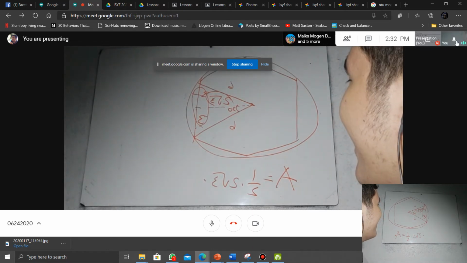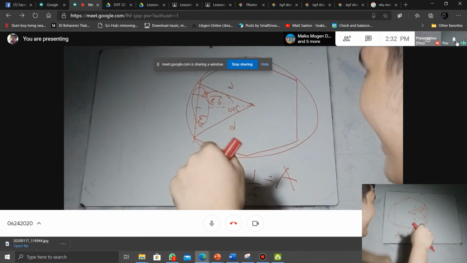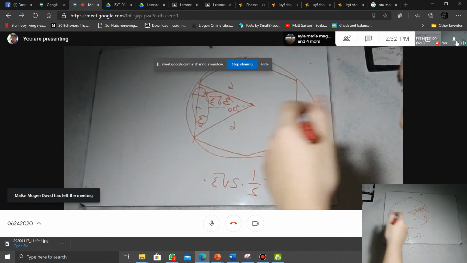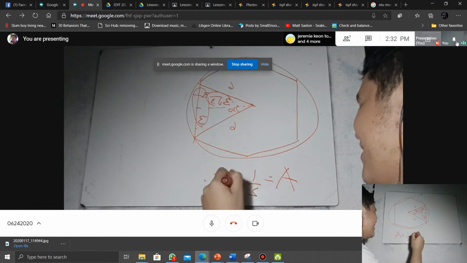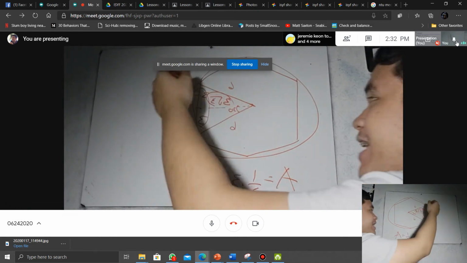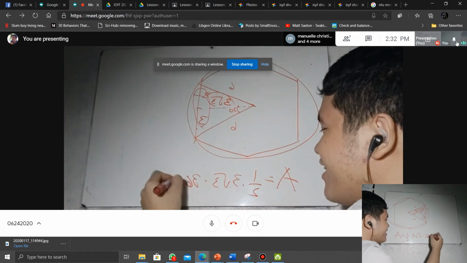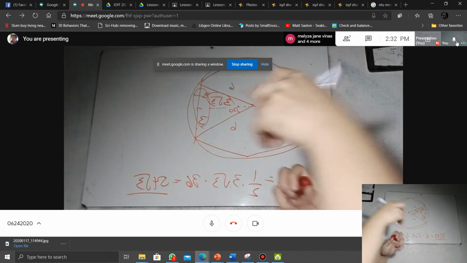Oo nga. Sorry. Okay, tama. Ayan. Apothem is 3 root 3. Then you have the side length 6 times 6 kasi yun yung perimeter, equals 54 square root of 3. Good job. Okay. Sige, next.